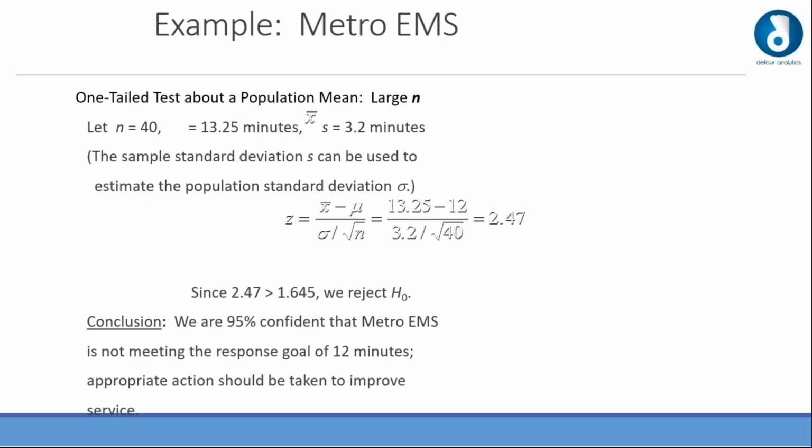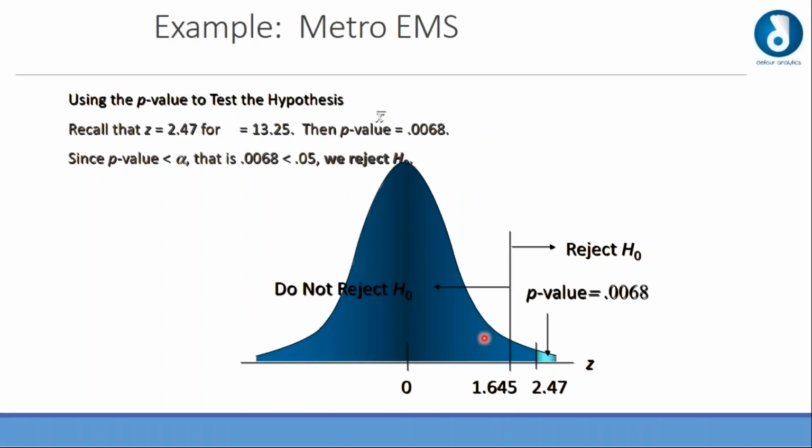So that is how we do hypothesis testing, and again with the help of the p-value. Here we have Z equal to 2.47. Now with the Z table we need to find out the p-value for Z equal to 2.47.